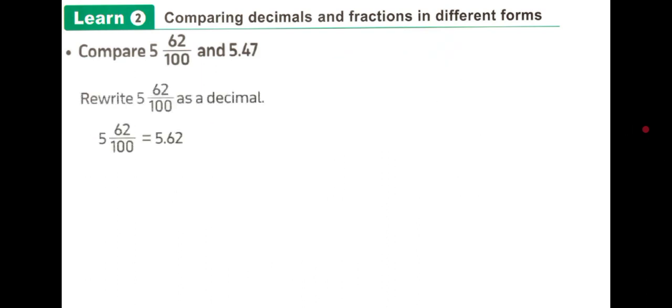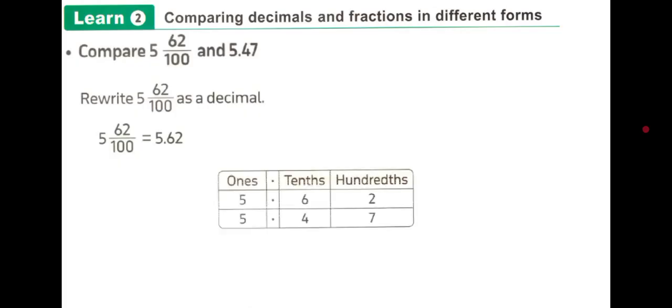We write the fraction as a decimal, which is 5.62. Line up the decimal points and start comparing beginning with the greatest place value. 6 is greater, so this number is greater than this number.